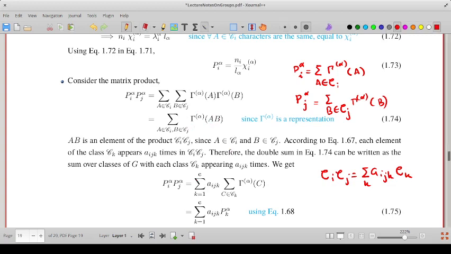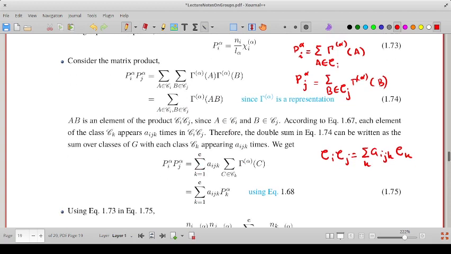So this sum can be rewritten as the sum over k running from 1 to C, where C is the number of classes. Then if C is an element of the Ckth class, the corresponding term would be gamma alpha of C, but C will appear aijk times as seen from this equation.